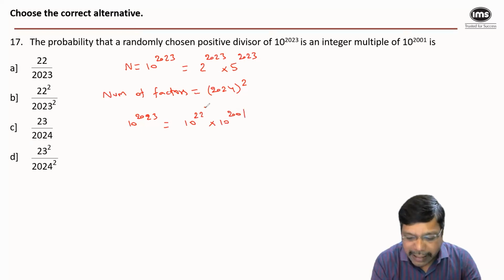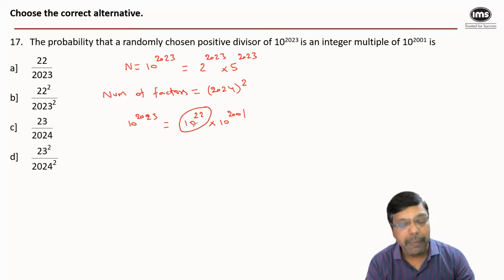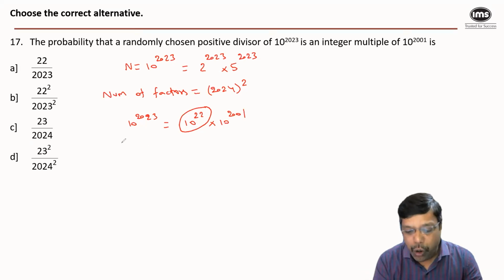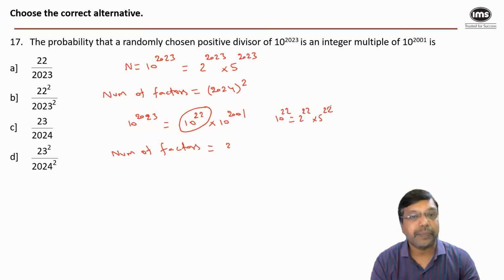So whatever factors I take for 10 power 22 here will definitely be an integer multiple of 10 power 2001. So number of factors for 10 power 22 is equal to, now 10 power 22 can be written as 2 power 22 into 5 power 22. Hence, the number of factors will become 23 square.